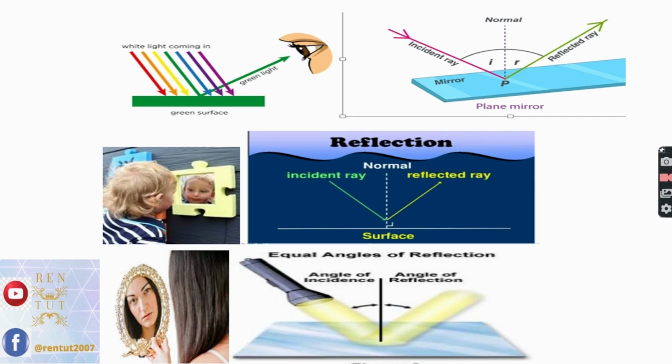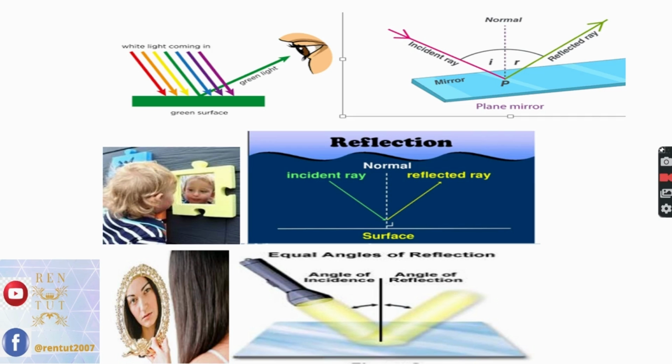Okay, so in physics we say incident ray, which is coming from the source, and there is an imaginary normal, which is at 90 degrees, perpendicular to the surface, and whichever angle the incident ray makes with the normal, the same angle the normal and the reflected ray would make.